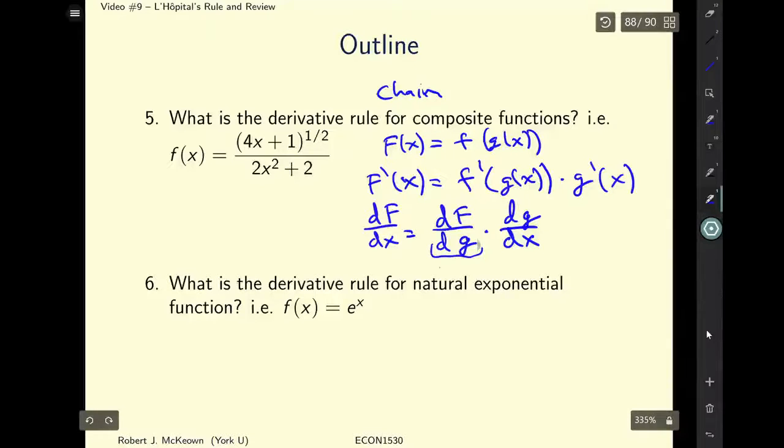The derivative of the outside function multiplied by the derivative of the, well, inside, I guess I'll say inside. Exterior, interior sounds a little bit more formal. The exterior and the kernel being the inside is even better.